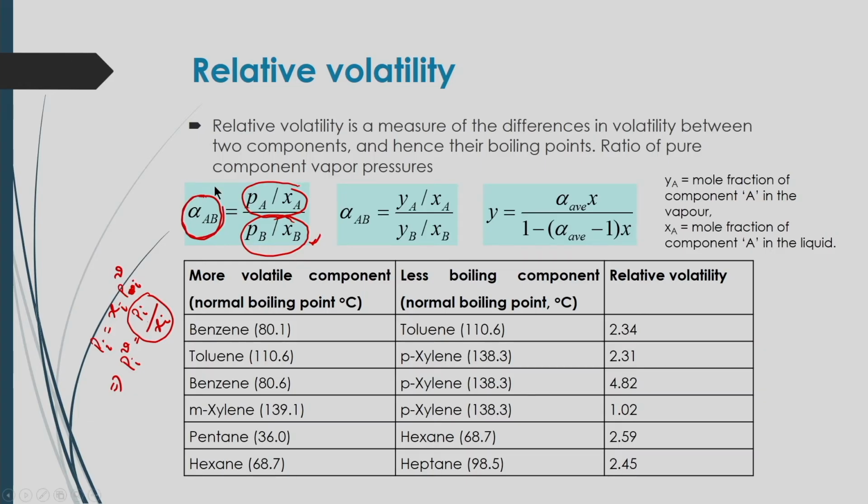Alpha AB can also be defined as the ratio of the mole fraction of component A in the vapor phase to that in the liquid phase, divided by the same ratio for component B. In this way you can also calculate the relative volatility.